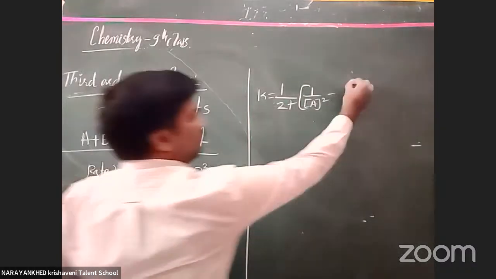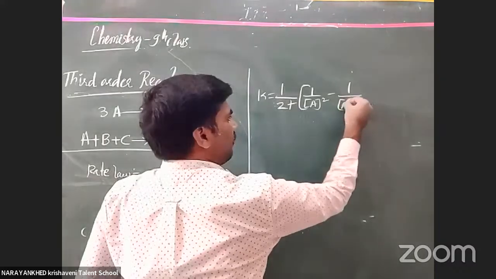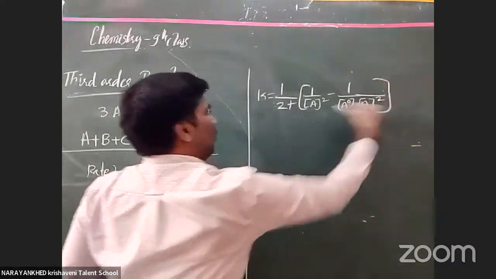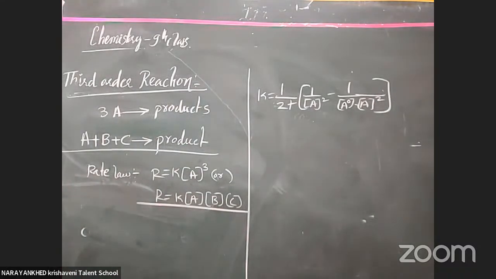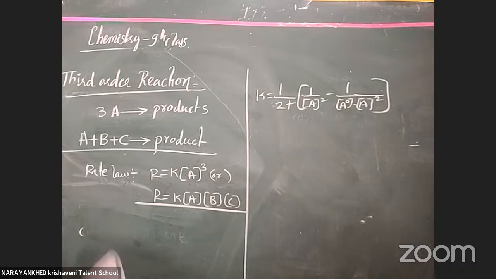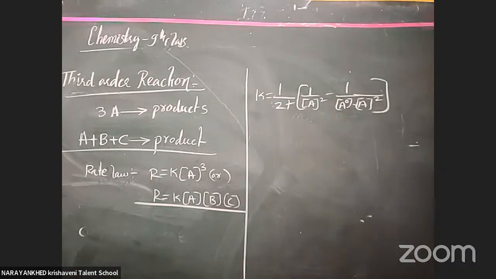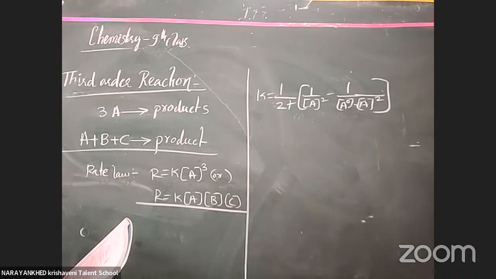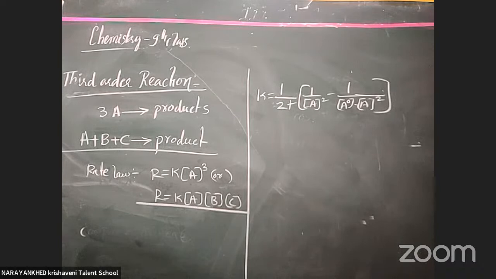Sorry, it is written as 1 by A square minus 1 by A naught square. They have given it wrong here, as somewhat 0 square. It is not correct. A square it is. Got it or not? Okay, clear? This is the formula we are using for a third order.